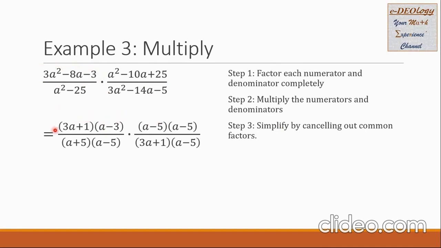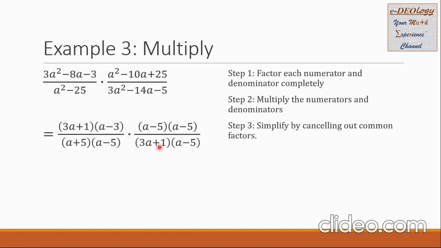If you are not familiar with the factors, you can review our video about factoring of trinomial of the form ax squared plus bx plus c. So in the denominator, the a squared minus 25, the factors are a plus 5 and a minus 5.